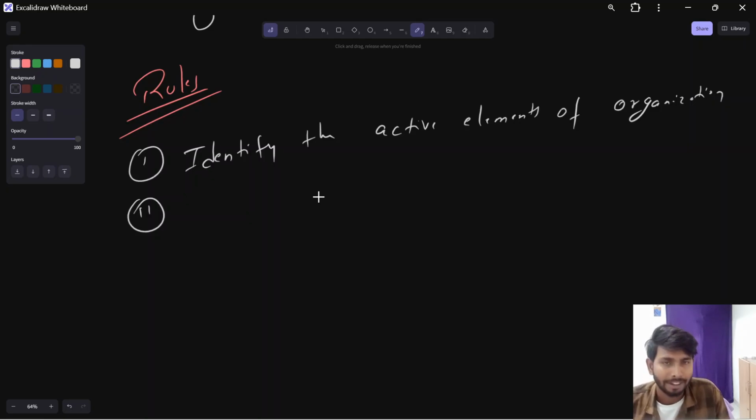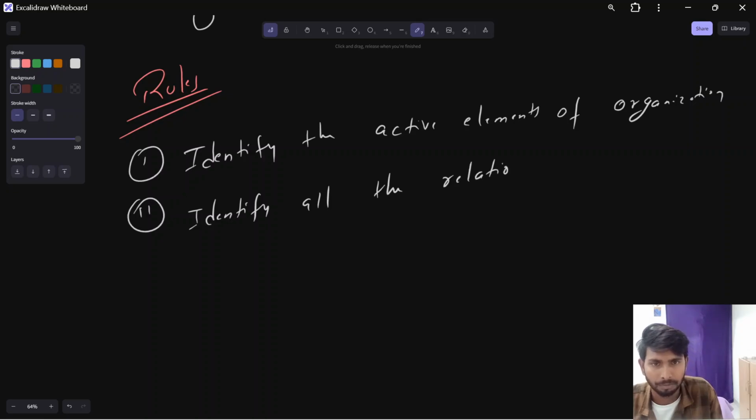Second, we know the entity elements, then we have to know about the relationship. Identify all the relationships among entities. Okay, relationships among entities means relationship between all tables.